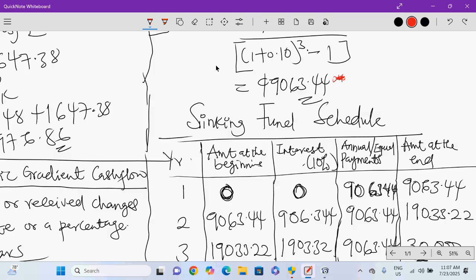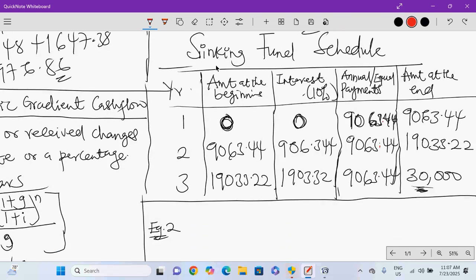This amount is annuity, equal payment. So that you write the amount throughout. 1963.44, you write it throughout. Assuming years is from 1 to year 10, I would write it. I write all of them to the last year, right?